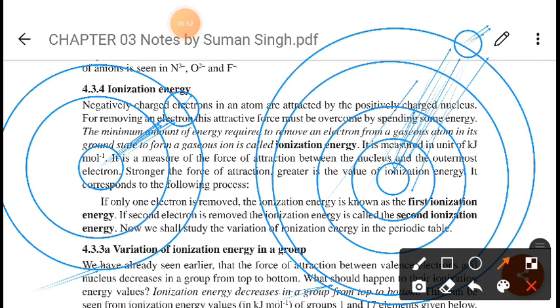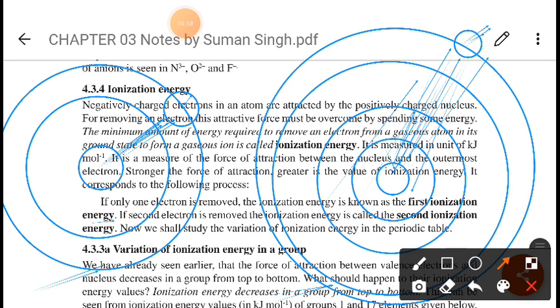Consequently, the ionization energy decreases with the increase in atomic size.